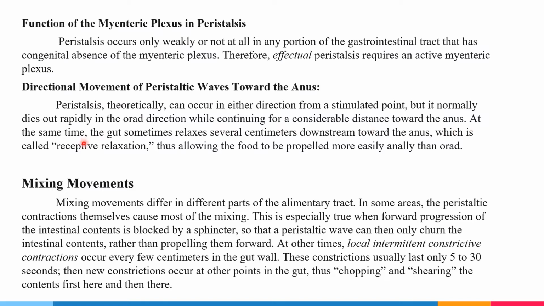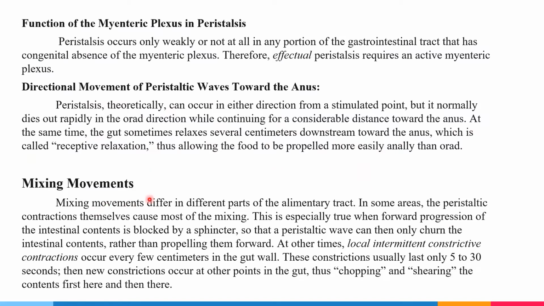At the same time, the gut sometimes relaxes several centimeters downwards towards the anus, which is called receptive relaxation, thus allowing food to be propelled more easily anally than orally.